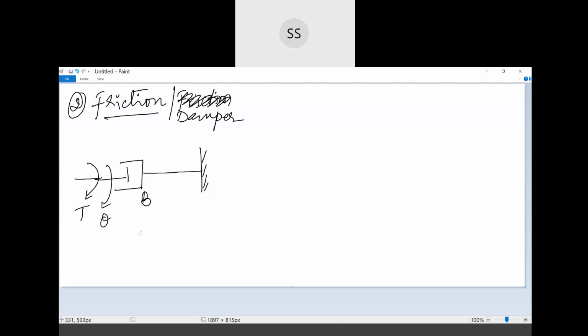So now for this we can write T will be proportional to d theta by dt. Or you can write T is proportional to omega, which is nothing but d theta by dt, or T will be equal to B into d theta by dt.